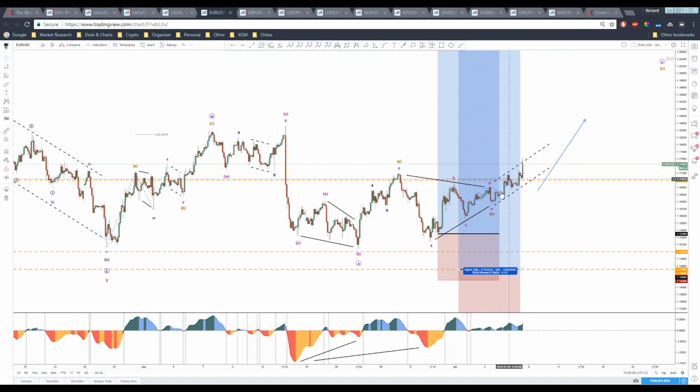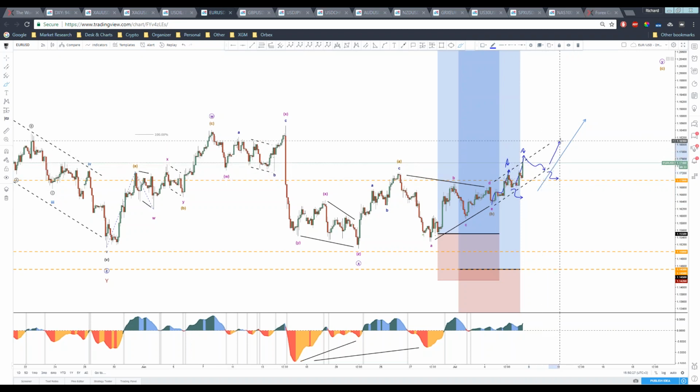So this could resemble an extension in a third wave, which means we could be counting this entire piece as 1, 2, and then the extension, to create an even bigger channel right there. And then of course a continuation.